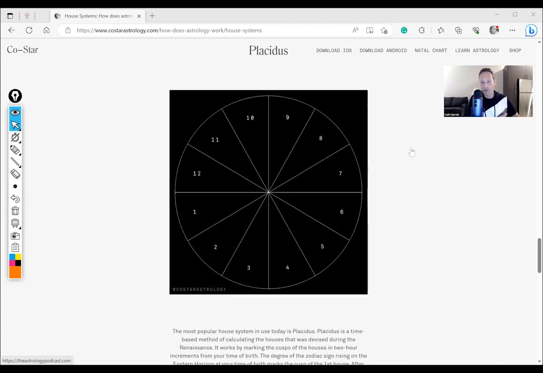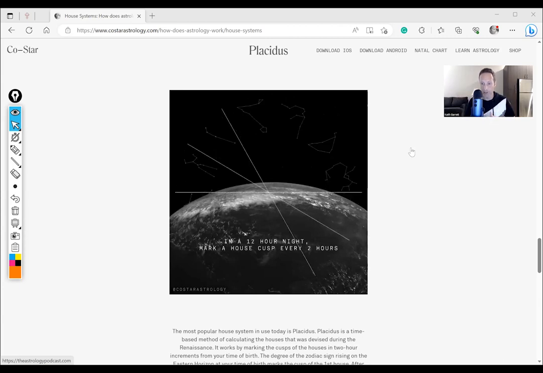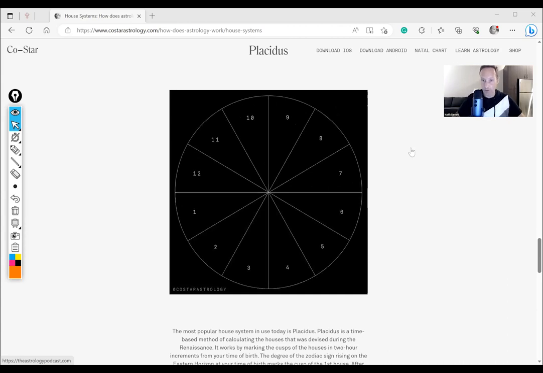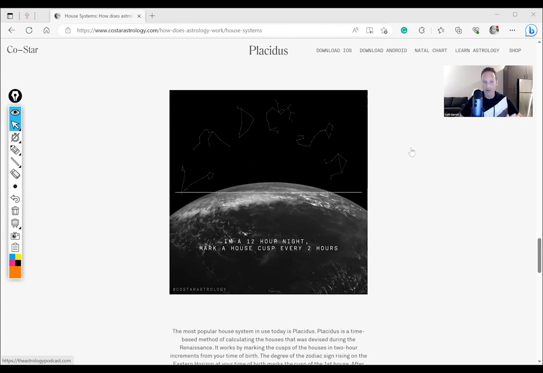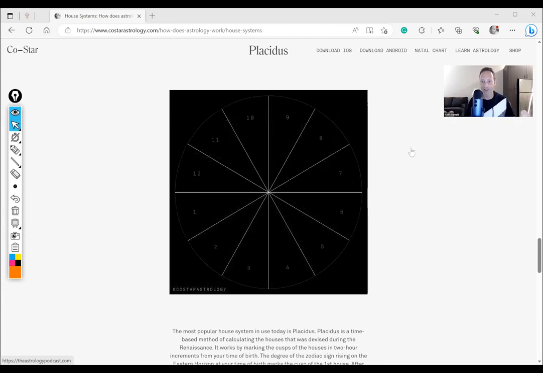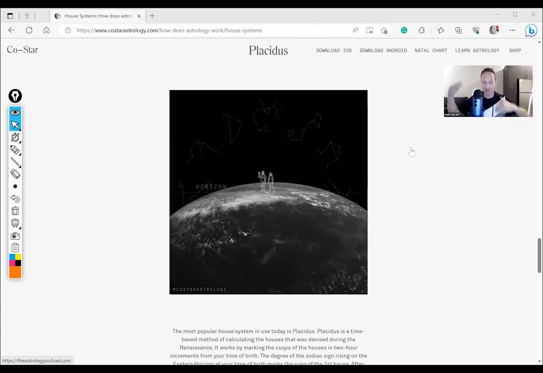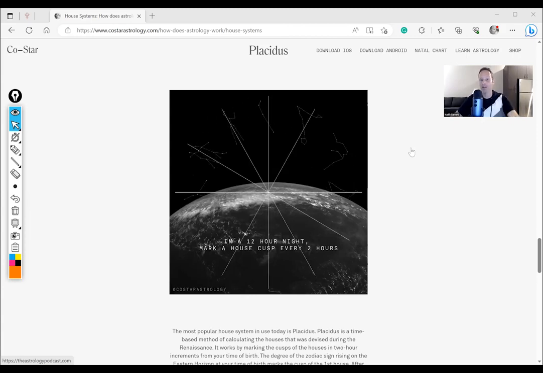Now, the drawback with using Placidus is in the higher or lower elevations. So if you go beyond 66 degrees north latitude or below 66 degrees south latitude, this is not usable because in those extreme places on the planet, the horizon isn't even visible.